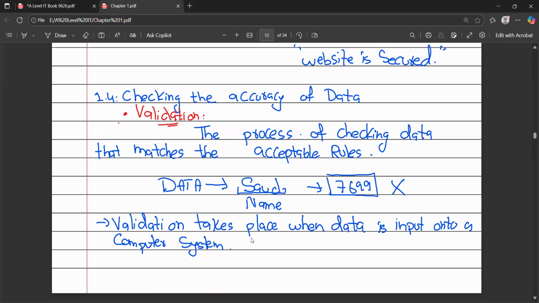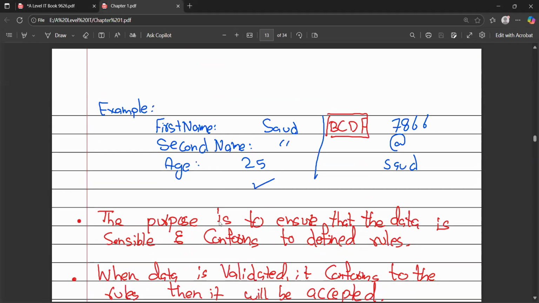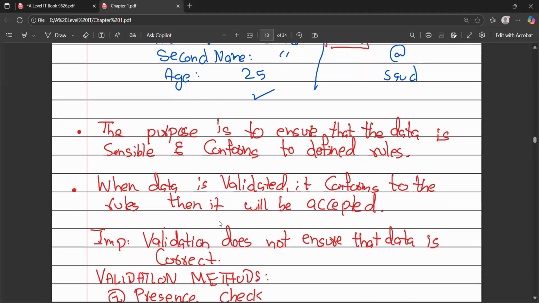So validation takes place when data is input into a computer system, right? So basically, what is the purpose? The purpose is to ensure that the data is sensible and it conforms to those defined rules. As I explained, if your data is a name, it cannot be like 7789 because it does not refer to the name of a person.